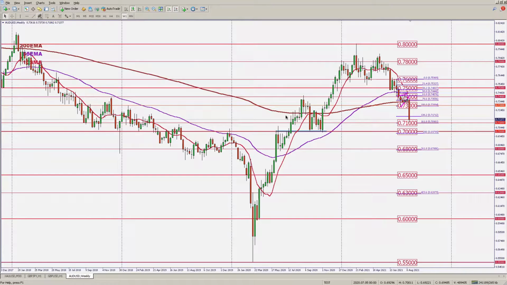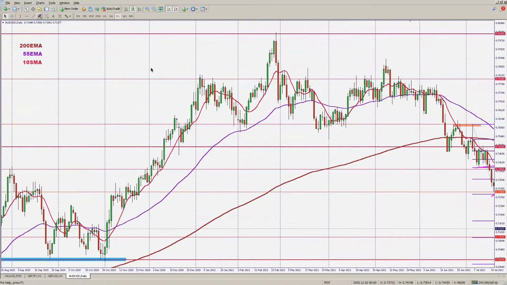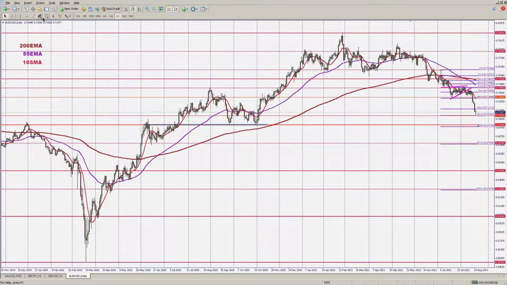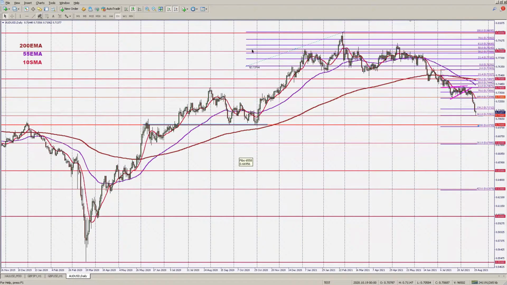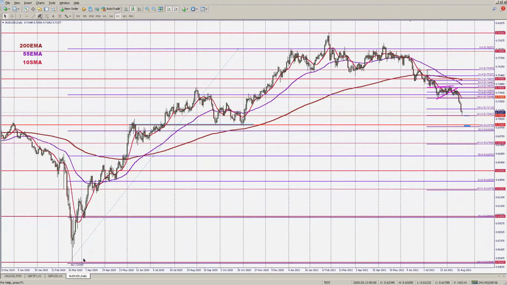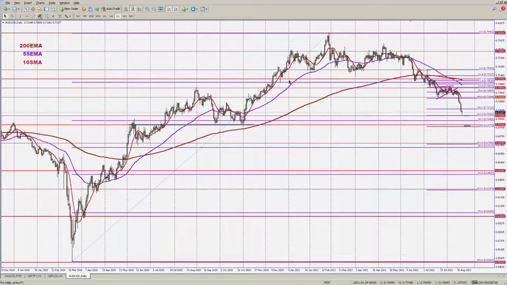All right. So let's take a Fibonacci analysis of this move here. Let's go back to the daily time frame. We take this Fibonacci tool, down to this swing low and up to this swing high.